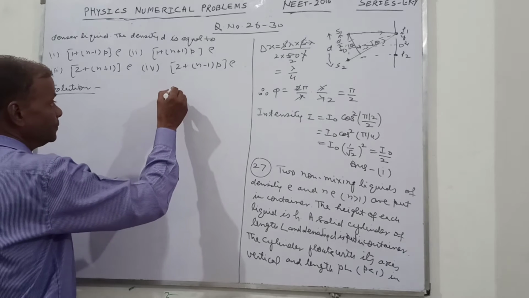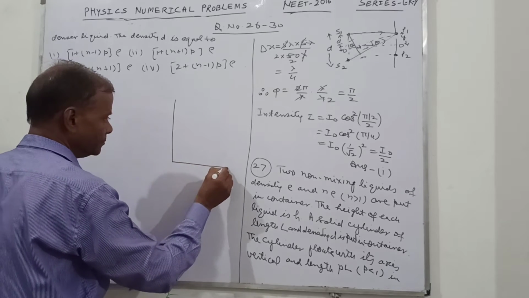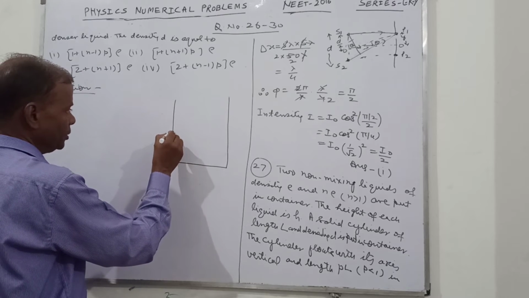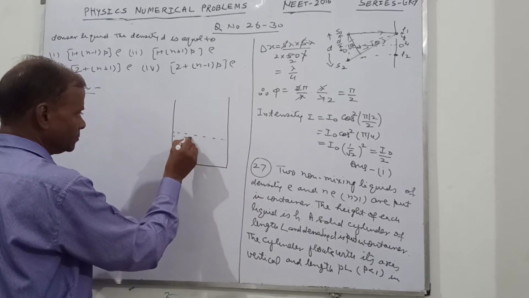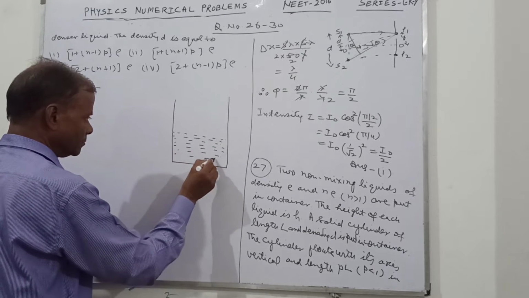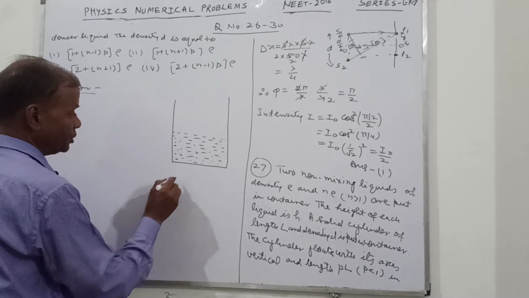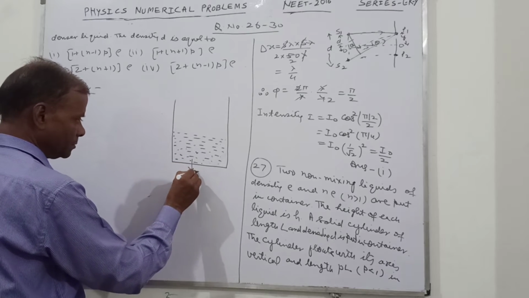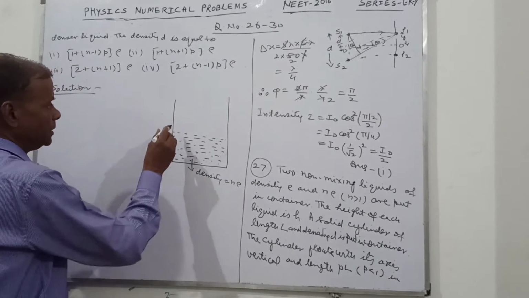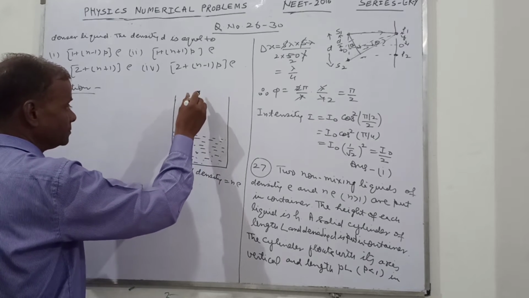So suppose this is the container. This is the liquid. Now this liquid is given of density rho. Here we have this another liquid and we have this cylinder.